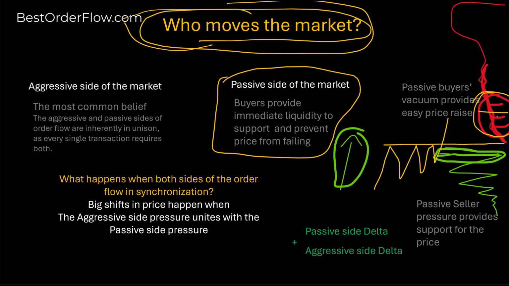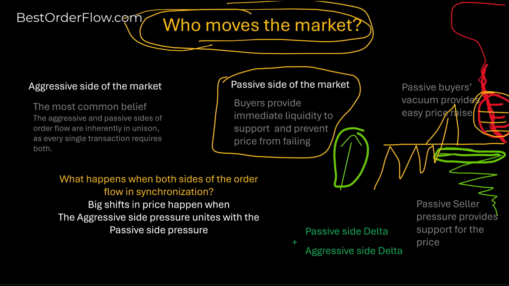If they remove the obstacles or resistance, then the price may easily go, not because the price is strong, but because level 2 is removed here and level 2 is added below, removed above and added below, so the price will just squeeze this way. That's it.